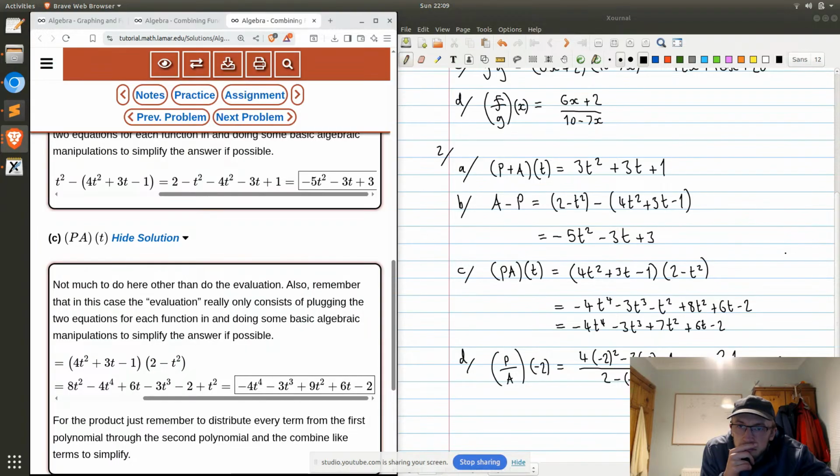Let's see. Oh, I see. -1 times -t². That should be a plus right there. And because that's plus t² plus 8t², that should be a plus 9t². And now it's fixed.